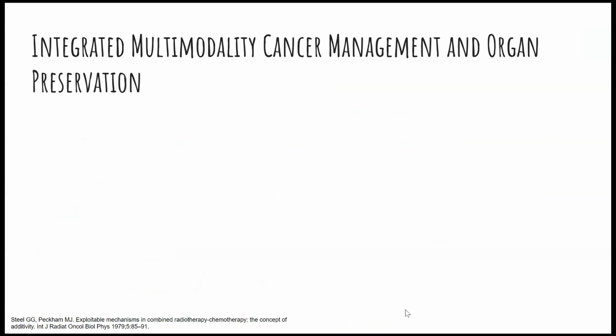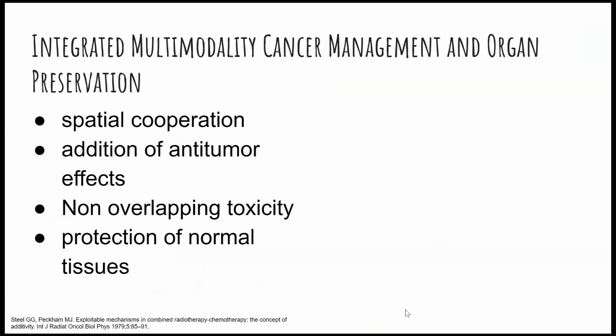So, eventually, what we are aiming towards is an integrated multimodality cancer management. We want to preserve the organ, we don't want to butcher everything or take everything out. So we try to combine as many modalities as possible, and we want to do that because they have a spatial cooperation.